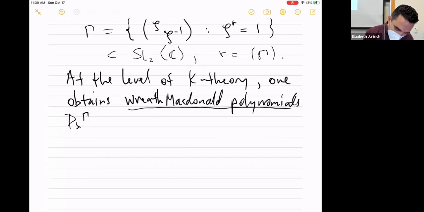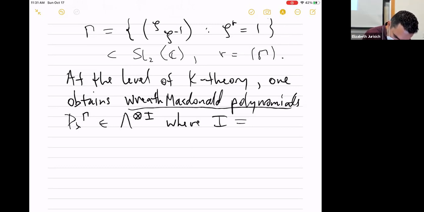Lambda is a partition, but these are elements in a tensor power of Lambda. So you take many copies of symmetric functions, one for each element in the set I, and you tensor them together. So where I is, so these are sort of the same, but there's cultural reasons for distinguishing them.